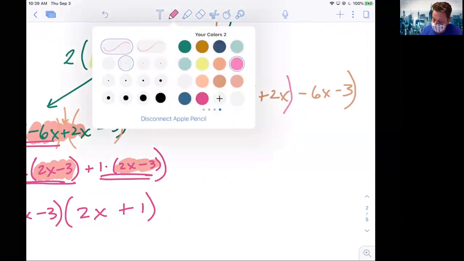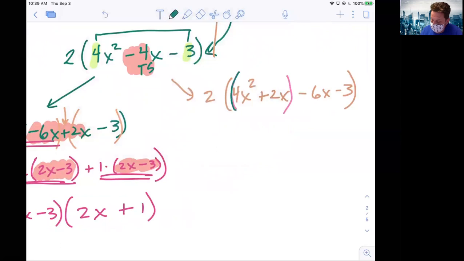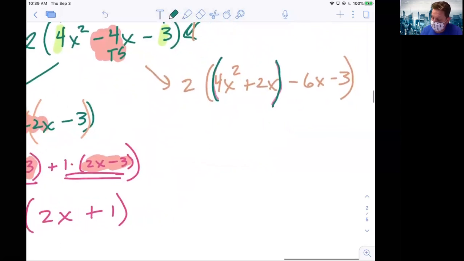Let me use a darker color. We're going to group these two together. And now notice, because that's a minus sign, not a plus sign, can I put a parenthesis between the minus sign and the 6 and do that? Is that still correct? No, it's not. Because by putting the parenthesis between the negative and the 6, that's effectively factoring out the negative and not changing the second sign.